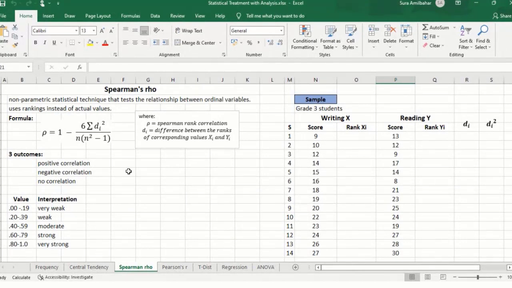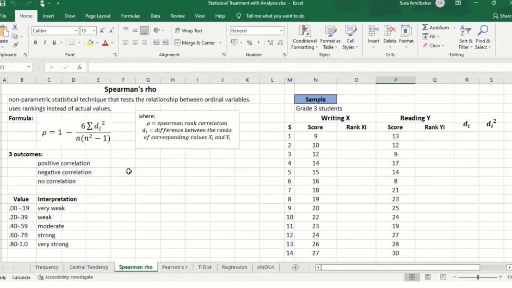Nominal and ordinal variables are considered non-parametric. Nominal is just a category, right? And ordinal is a category with organization. For example, you put the students into categories, male and female. That is nominal. But if you put them in alphabetical order, they now have an organization, an order. That is now an ordinal variable.